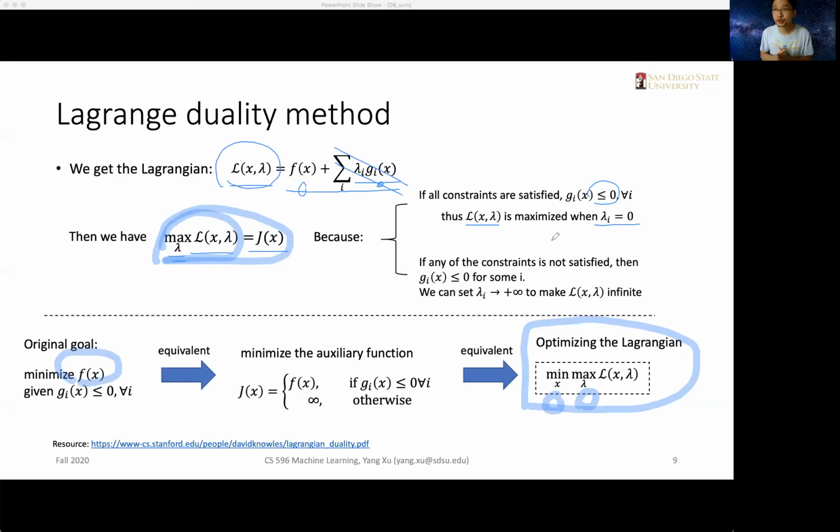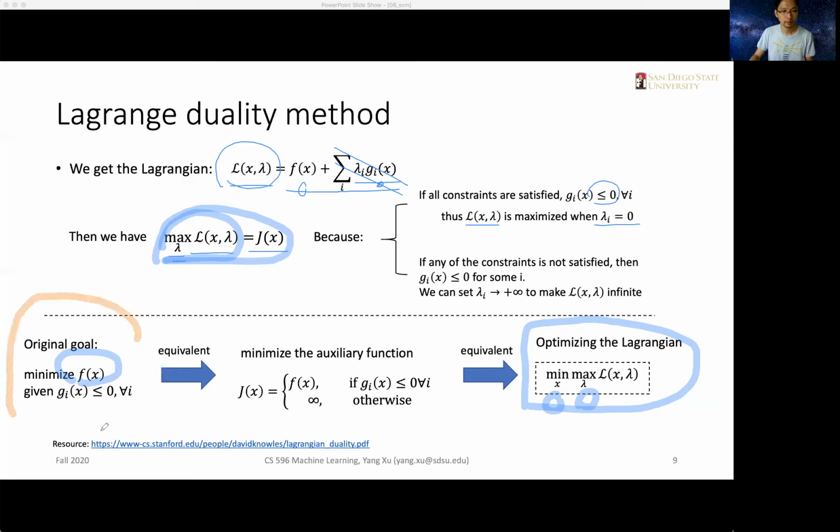Okay, so this may be too much in one or two slides to digest in a short time, but the whole point is that we convert the form of the problem.